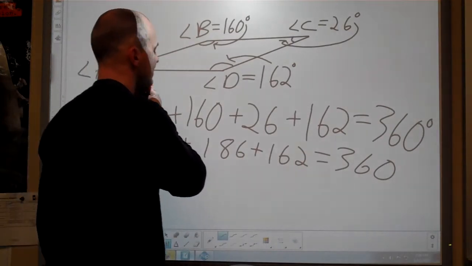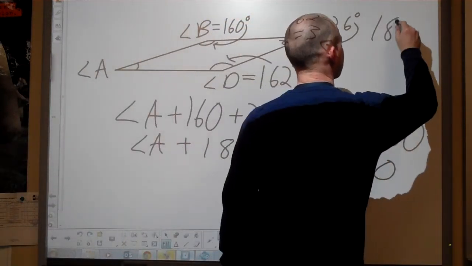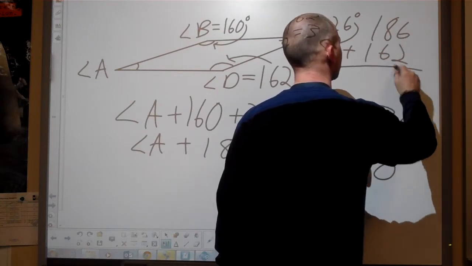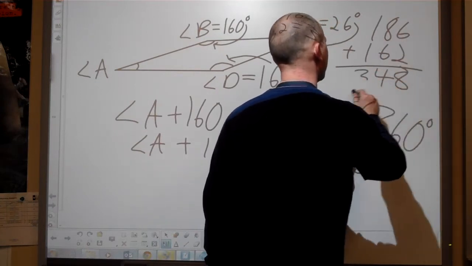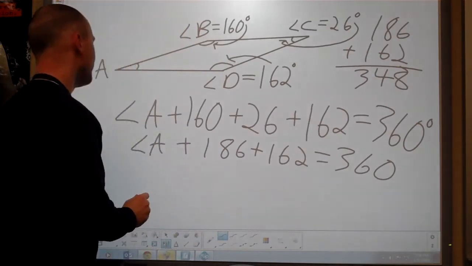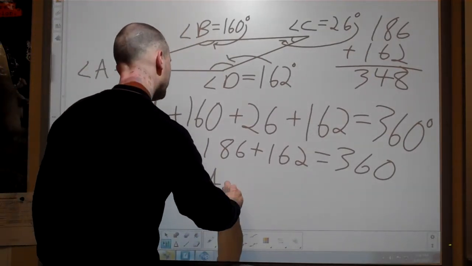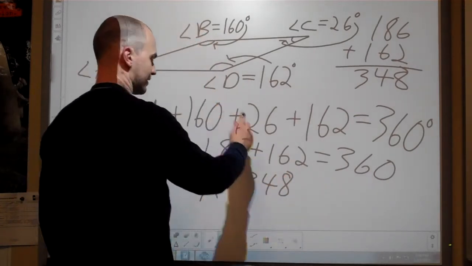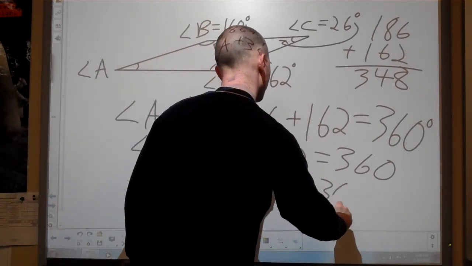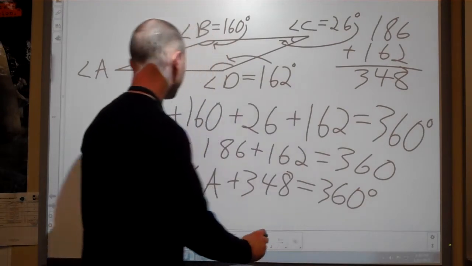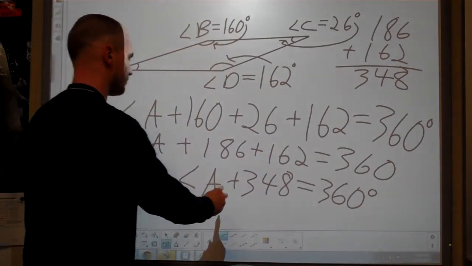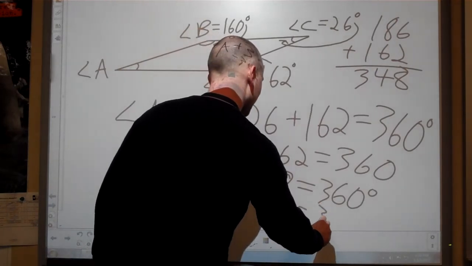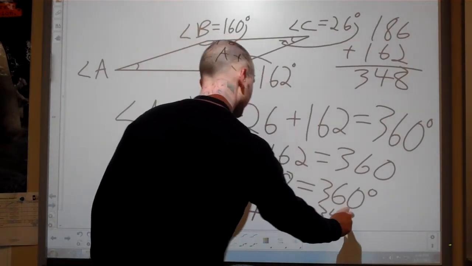So angle A plus 186 plus 162 equals 360. 186 plus 162, let's see, brings me to 348. So angle A plus 348, the sum of these other angles, equals 360 degrees. So, if I subtract 348 from this side of the equation, I subtract 348 from this side of the equation.